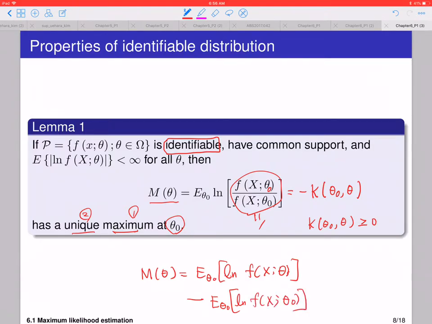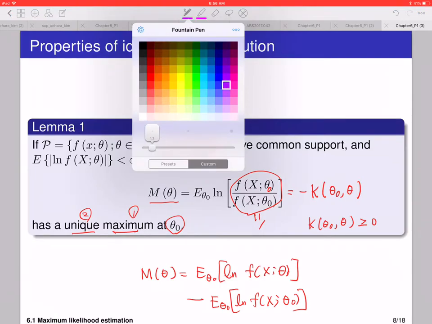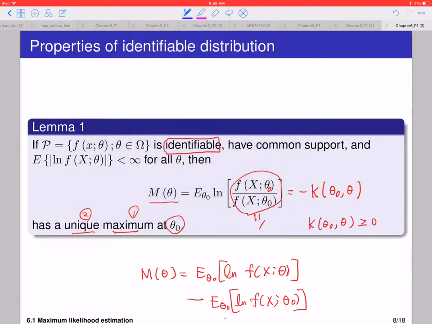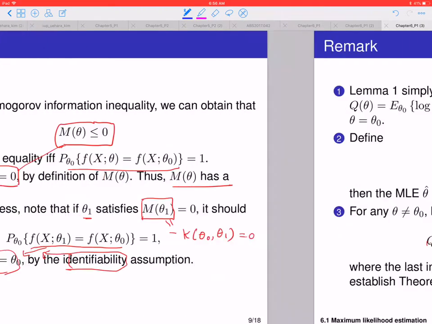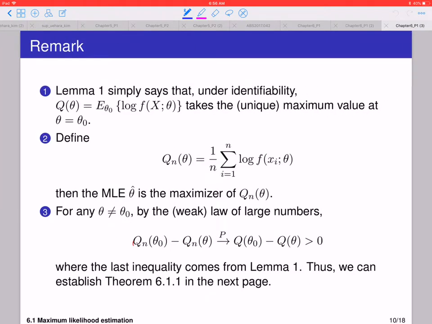But the second term is actually constant. So that means maximizing m is equivalent to maximizing the first term, which is the expected value of the log function, log density.